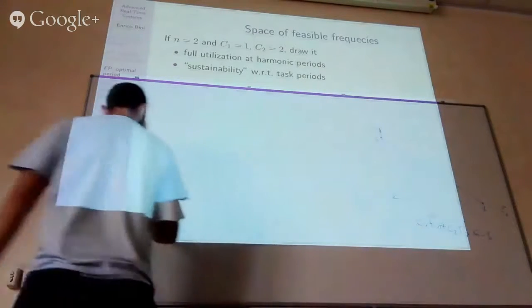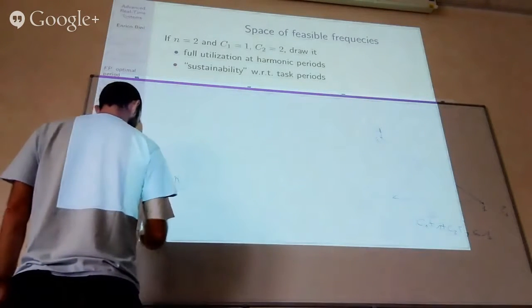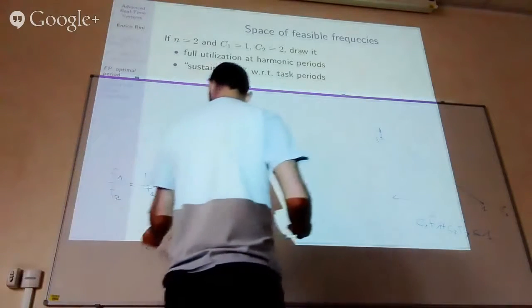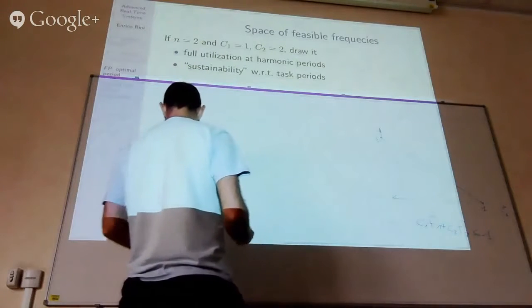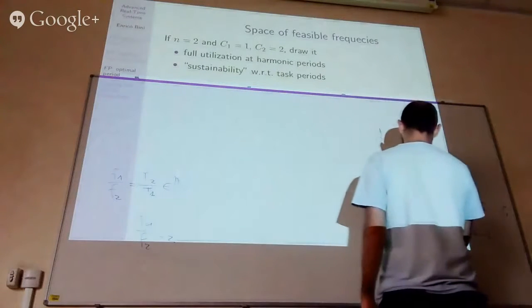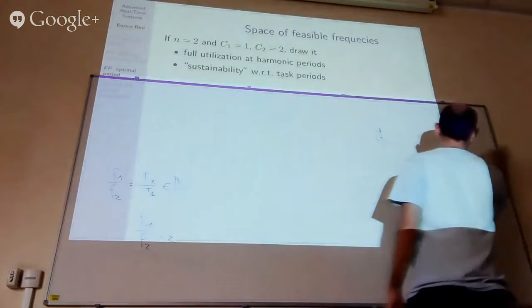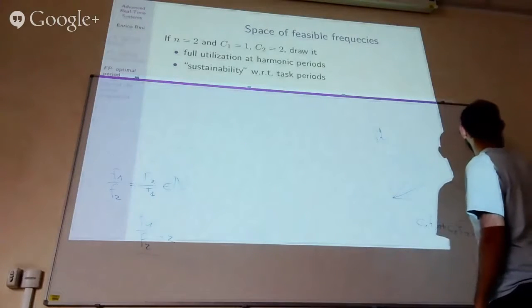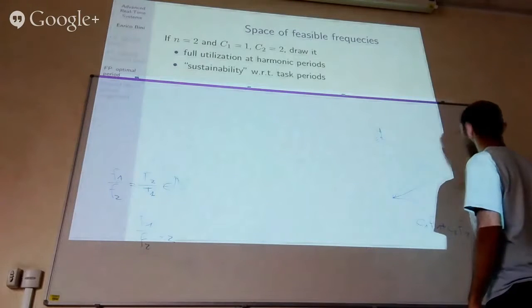So we have F1 over F2 equals 2. So over here, on a slope 1/2, so this is a slope 1. This is slope 1/2.